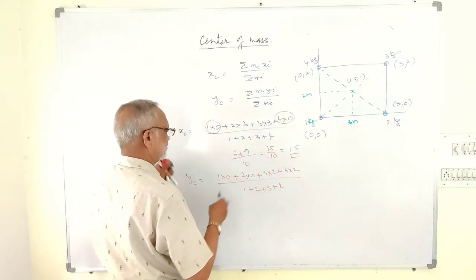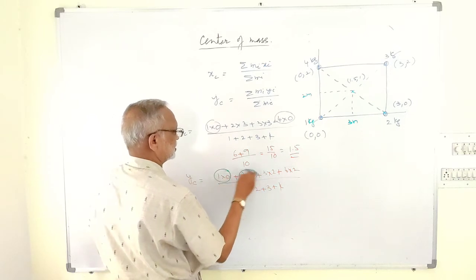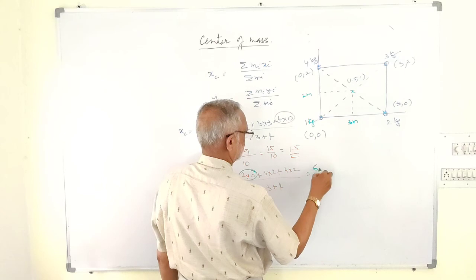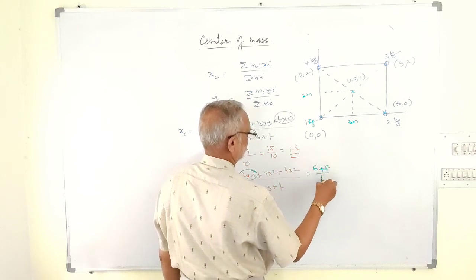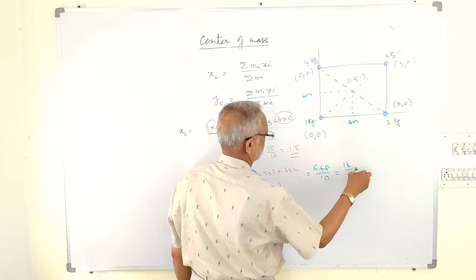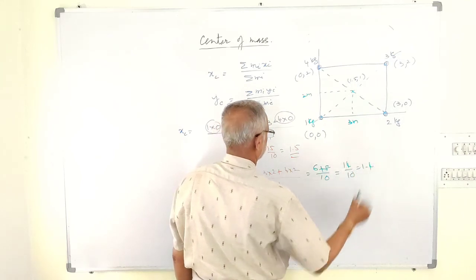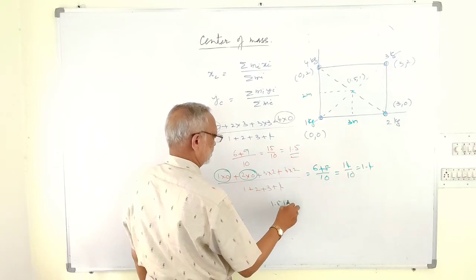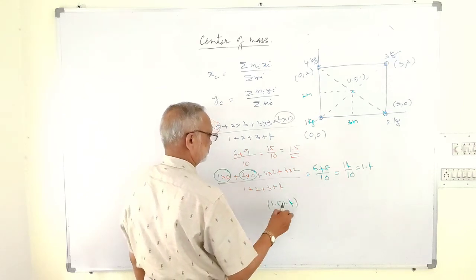This part is 0, this part is 0. So this is 6, this is 8. 6 plus 8 divided by 10, 14 by 10, that is 1.4. The coordinates are 1.5, 1.4.